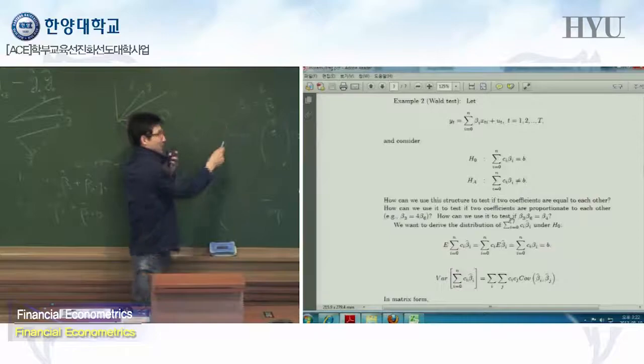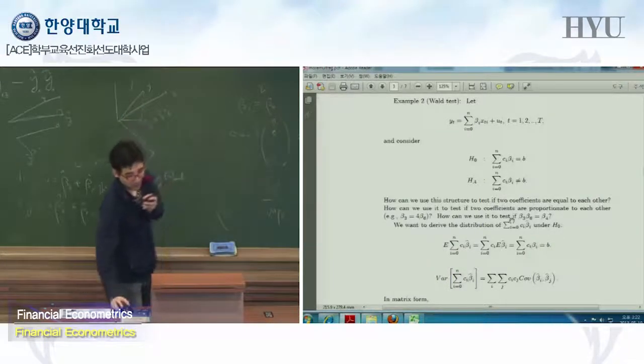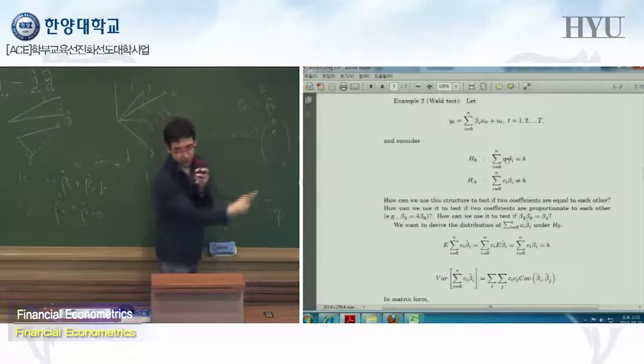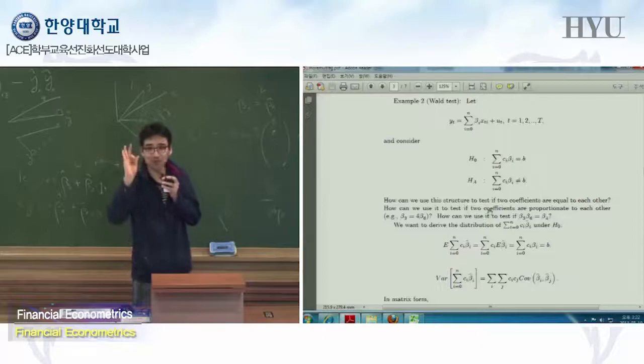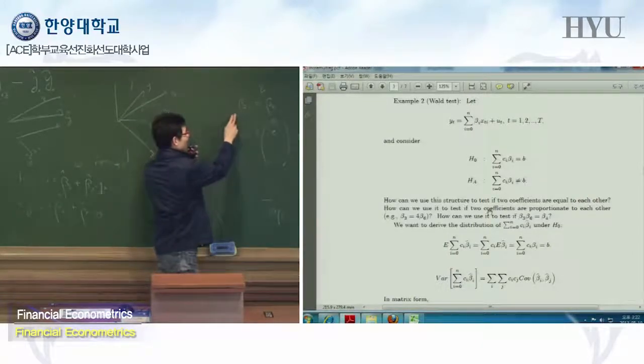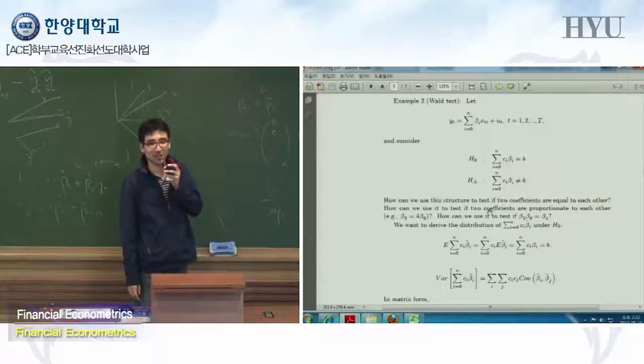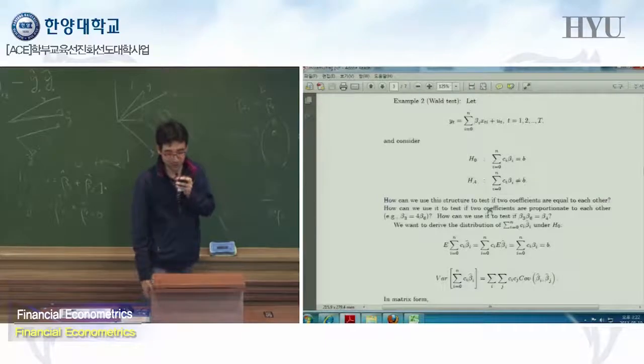These are the same. So in this case, the coefficient vector is (1, -1, 0, 0, 0, 0) and b is 0. So you can use the Wald test to test this type of hypothesis.